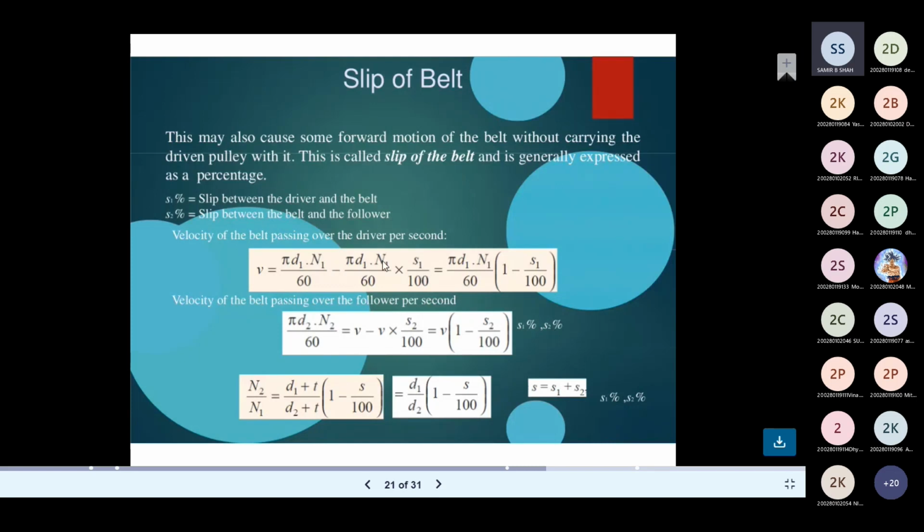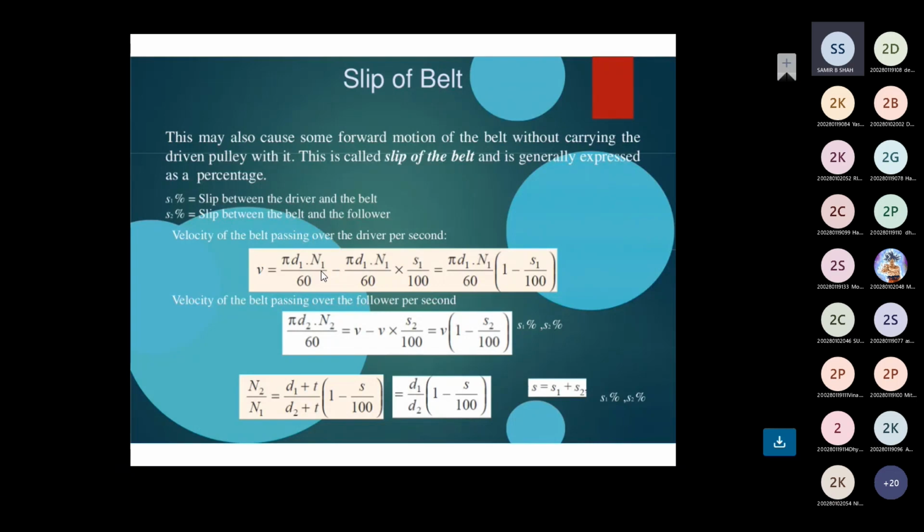Due to the slip, the velocity is reduced. So we have pi d1 n1 by 60 minus pi d1 n1 by 60 into s1 by 100. Why 100? Because the slip is in percentage.